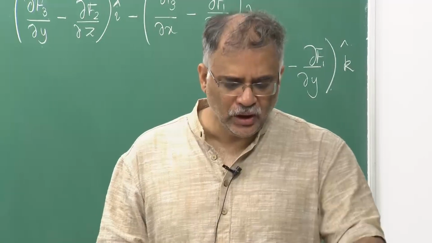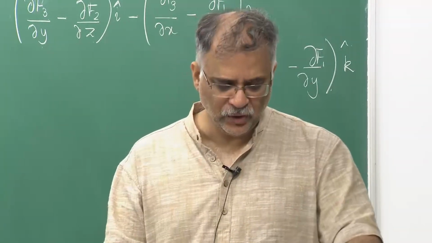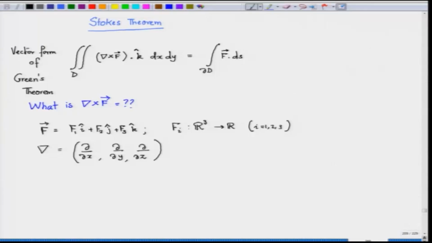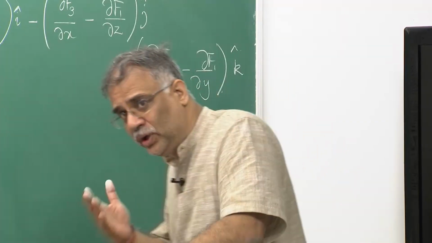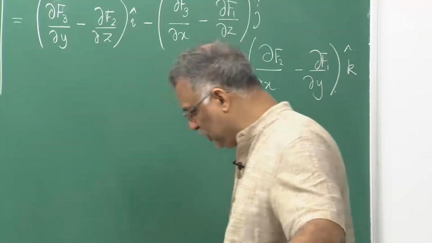Before I move to actually proving Stokes theorem, certain things have to be made clear. The program of learning Stokes theorem is as follows. In the first part we do the proof. You might get bored and think, oh, this guy is a math guy, he simply wants to prove the stuff.